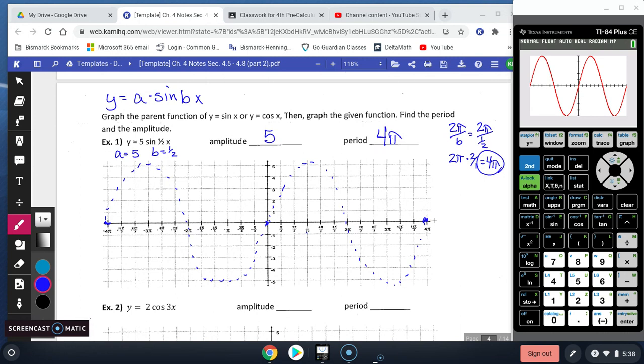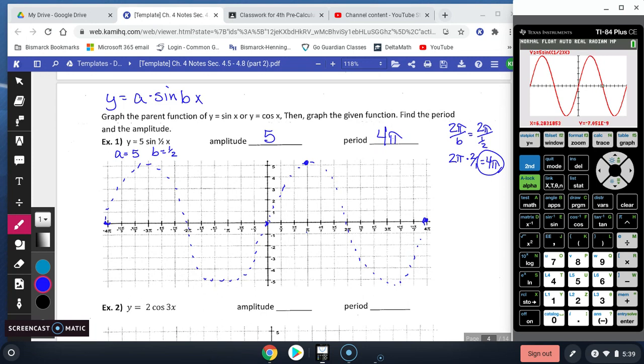Looking at this graph, you can see on my calculator, if I do trace, I'm at 0, 0. I can maybe just go to pi, so you can check that as an easy point. So go to pi, and I am up at 5. That's when I just did a quick sketch in. I did a pretty good job with that. So up there at pi, I can scroll down here.